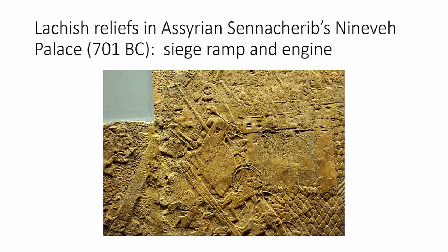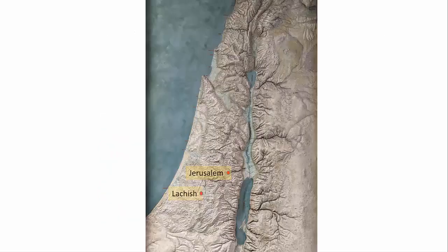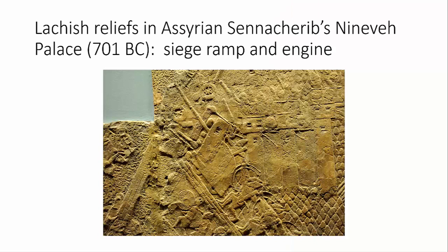And the fortified cities around Jerusalem formed one of the targets of his attack. Here you can see the location of Jerusalem and also the location of Lachish, which was one of the fortified cities that ringed around Jerusalem.